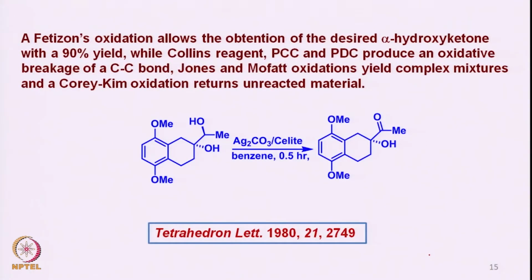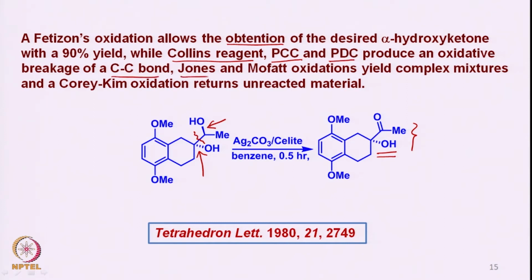Now, a Fetizon's oxidation allows the preparation of the desired alpha hydroxy ketone of this kind. This is exactly what I mentioned before, that if we have a tertiary hydroxy group here and a secondary hydroxy group here, then the oxidation can lead to the alpha hydroxy ketone without any cleavage of the CC bond, whereas the Collins reagent, PCC, pyridinium chlorochromate, and pyridinium dichromate produce an oxidative cleavage of the CC bond.